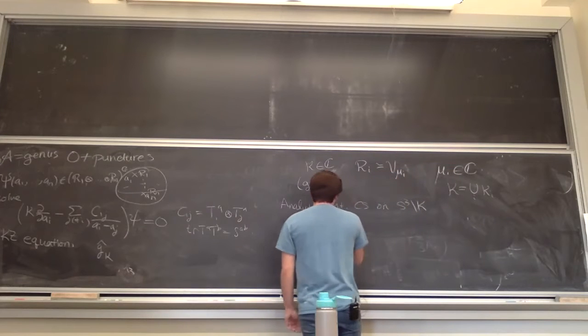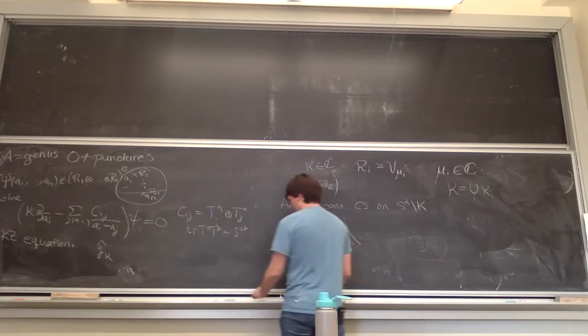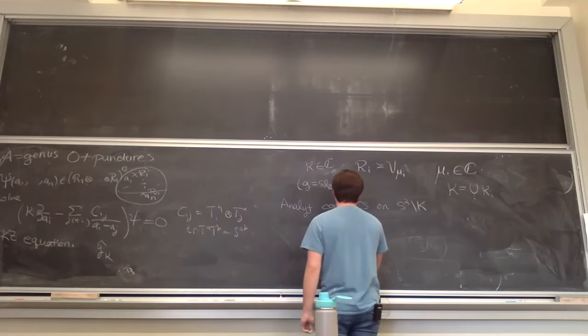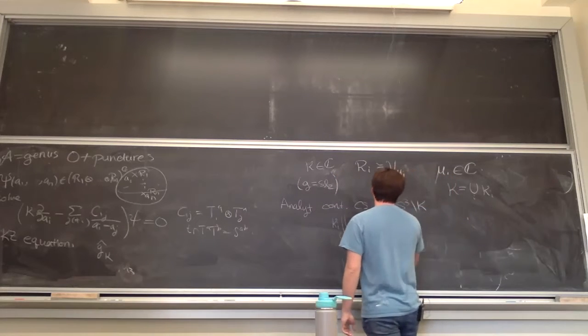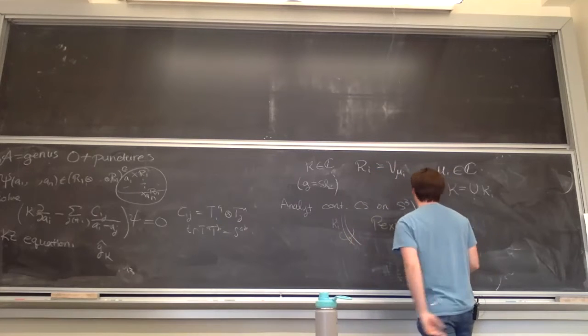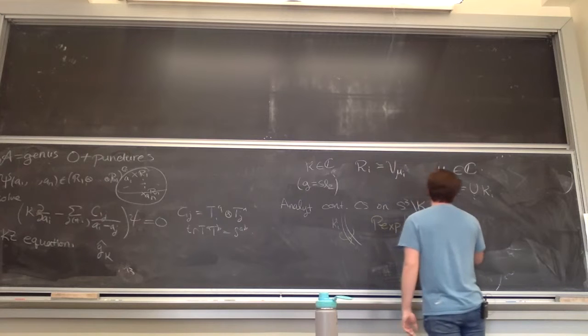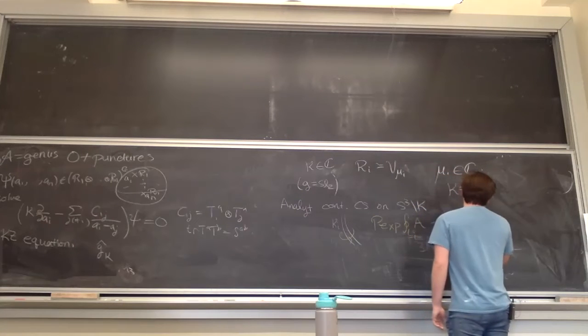If you have some component of K and it has a loop linking it, what you do in the path integral of Chern-Simons is you impose that the holonomies of the gauge field around the small loops linking the components of K should be in the same conjugacy class as this thing.